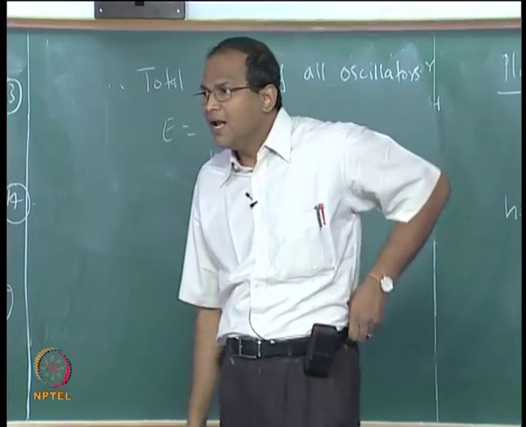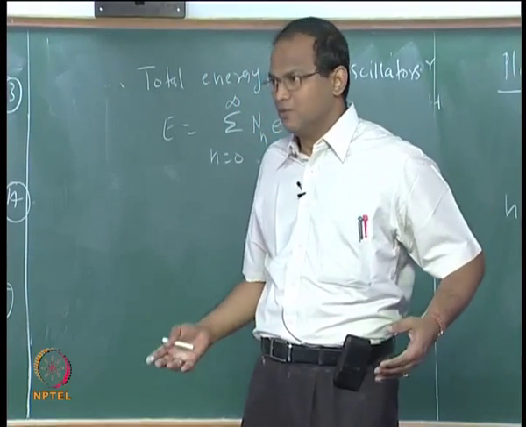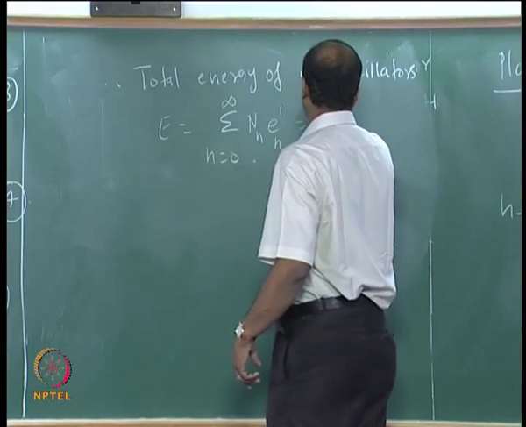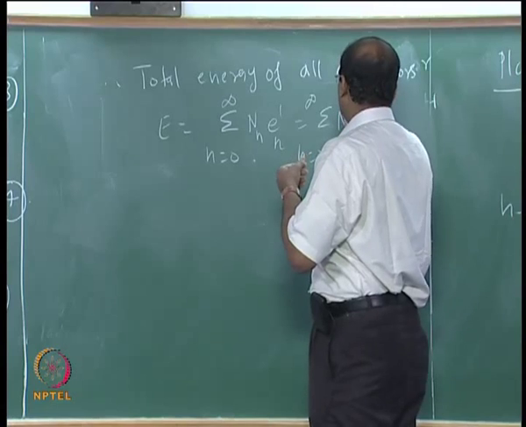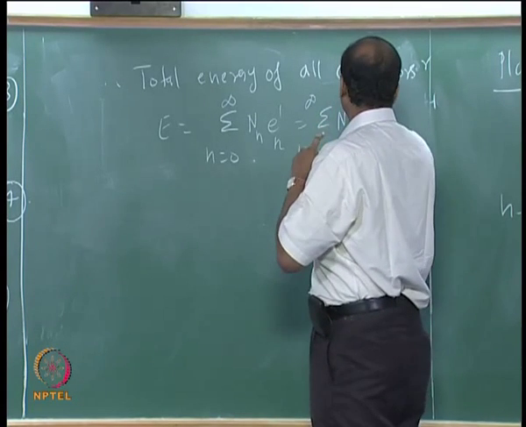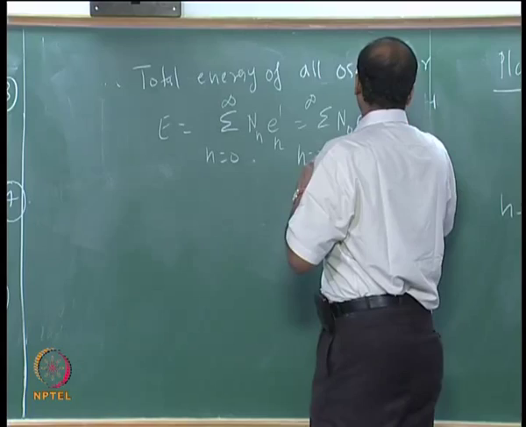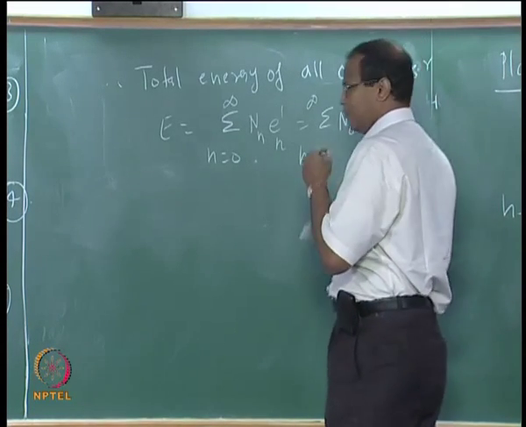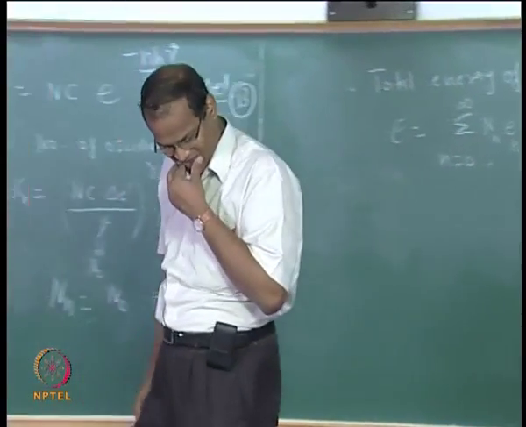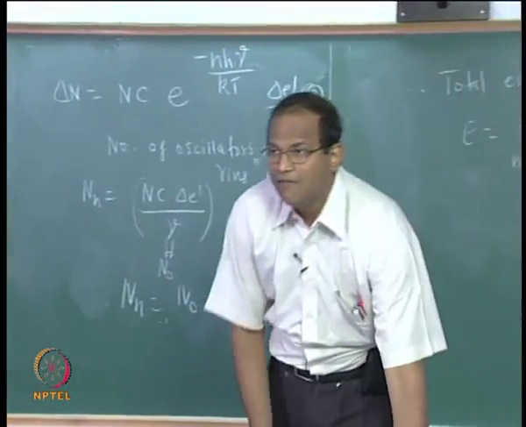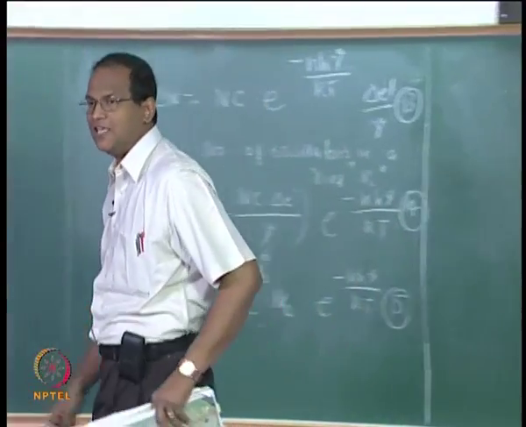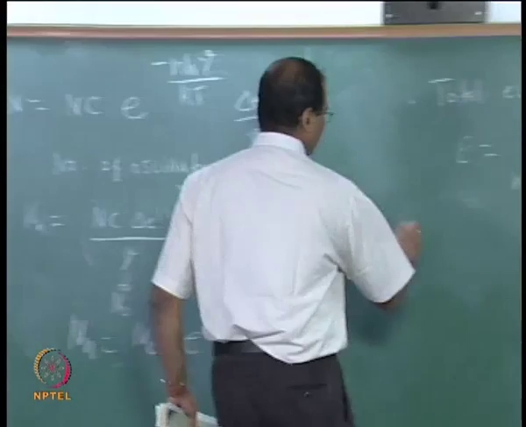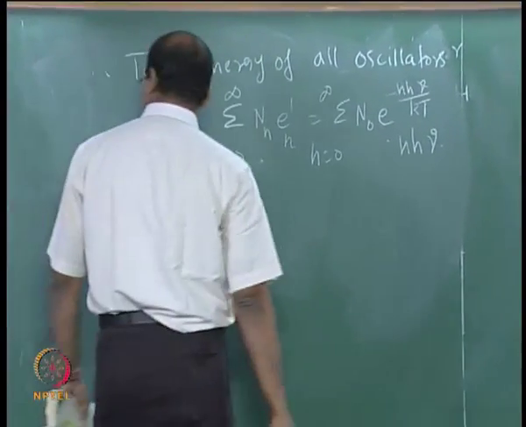E dash is given by n h nu, okay. So if you expand this, n naught is there, correct. So can we take n naught into h nu into e to the power of minus h nu by kT outside the summation? So 16.